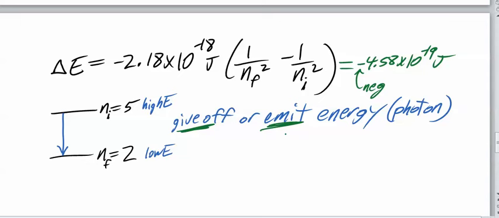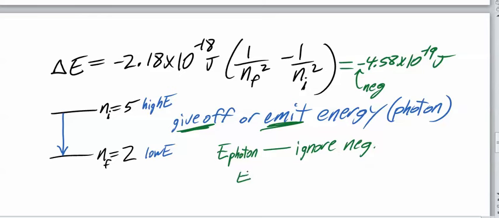If later on we went to calculate the wavelength or the frequency of the light emitted, the energy of a photon is always going to be positive. So for this, you're going to ignore the negative sign.